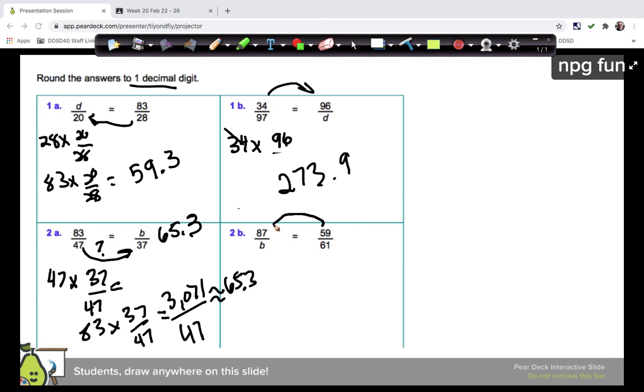I'm going from 59 to 87 so that I can go from 61 to my unknown. So 59 times, I put 59 there so that it cancels out and it leaves me with 87.